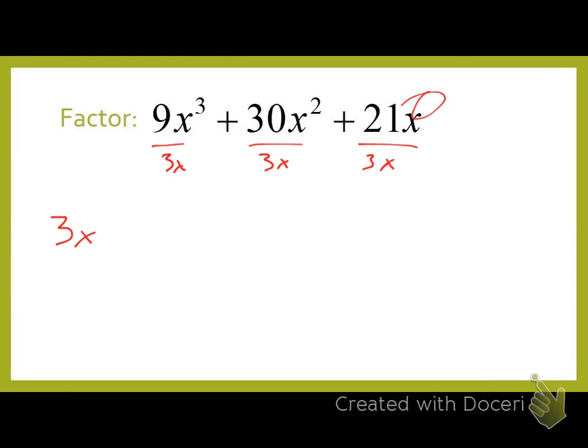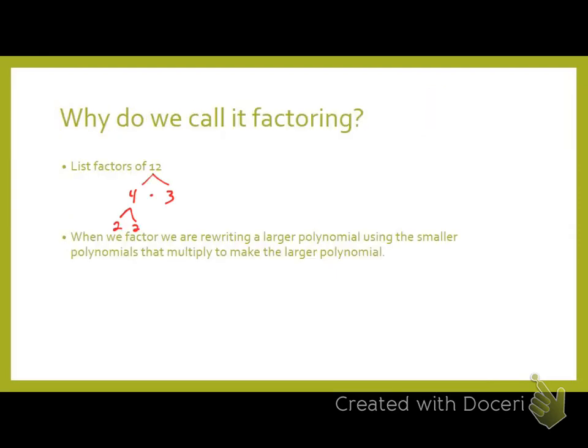Now, factors, we need 2 of them. We need 3x times something that will give us back 9x cubed plus 30x squared plus 21x. Now, just like a long time ago, when you were taught to factor, you were trying to factor 12, and you would say, okay, well, I know 4 is a factor, but I can't remember the other one.